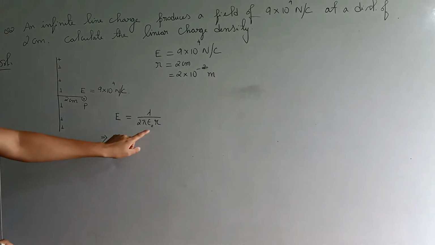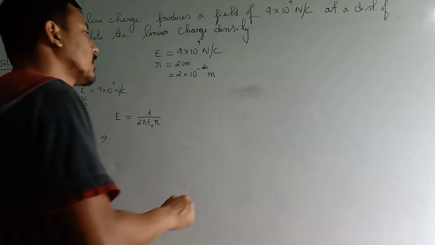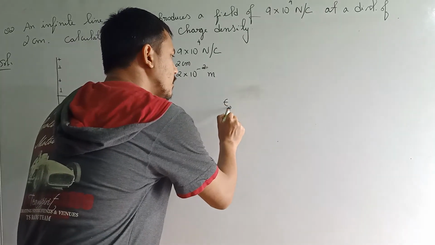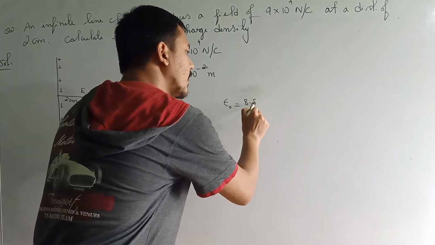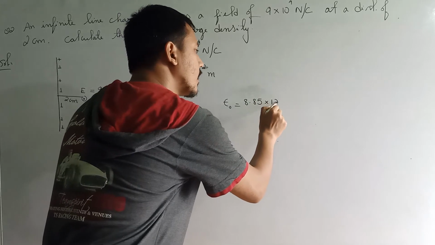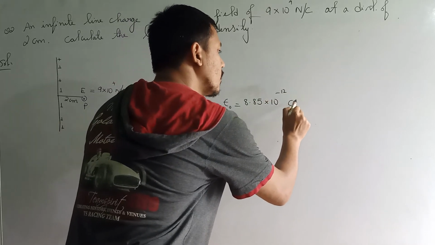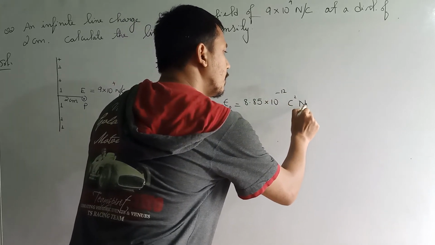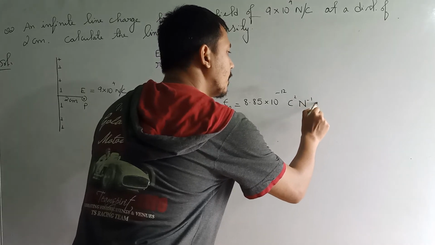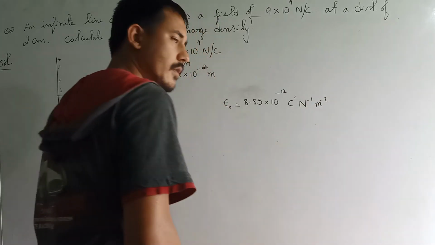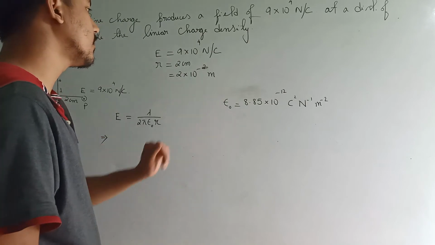And then we need to know the value of epsilon naught. The value of epsilon naught is 8.85 into 10 to the power minus 12 coulomb square per Newton per meter square.